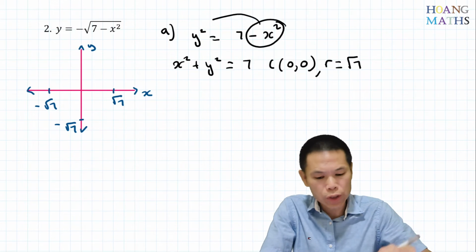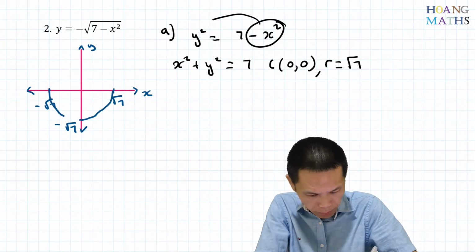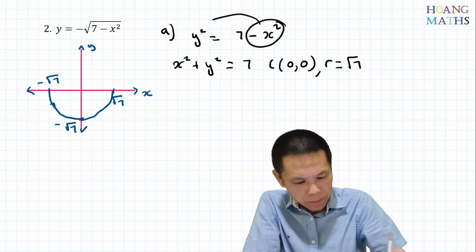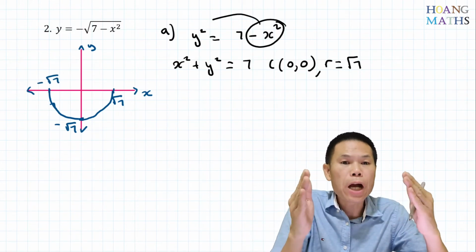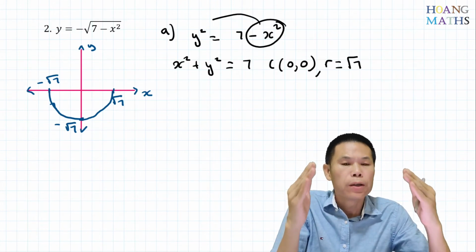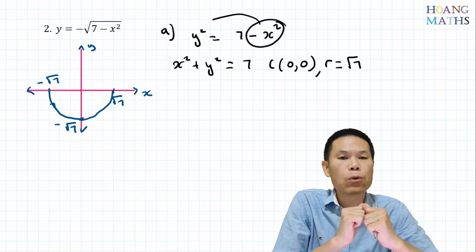So now we just join these points together. There you go. So this is the semicircle of y is equal to negative square root of 7 minus x squared.